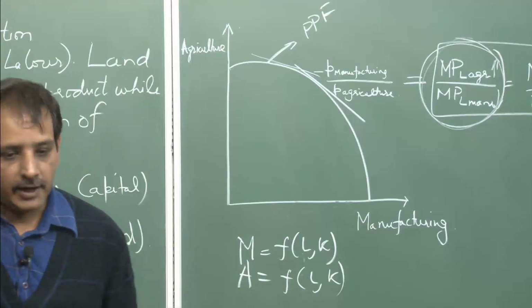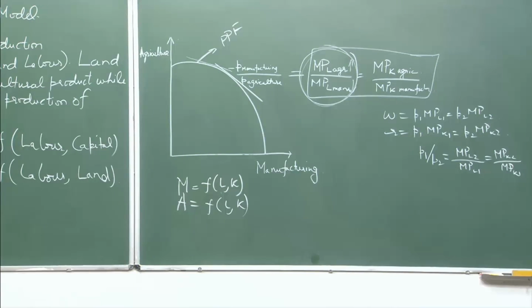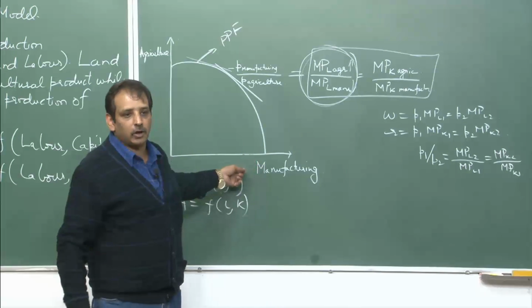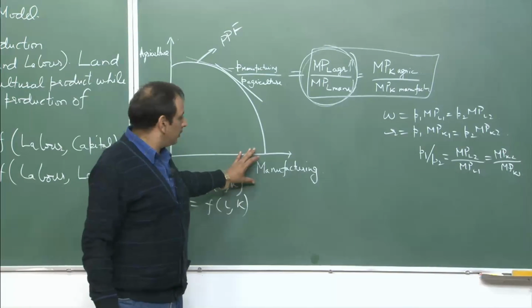Okay. Now, let us come back to the specific factor model. I talked about that something happens in the manufacturing sector which leads to an increase in production of manufacturing output.